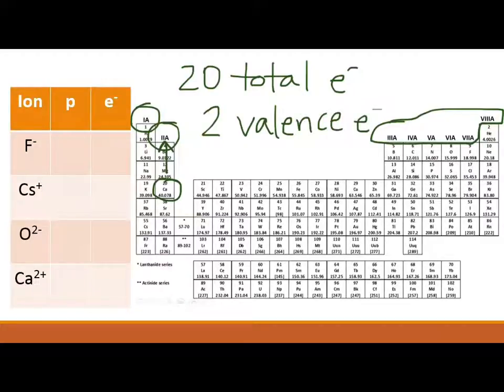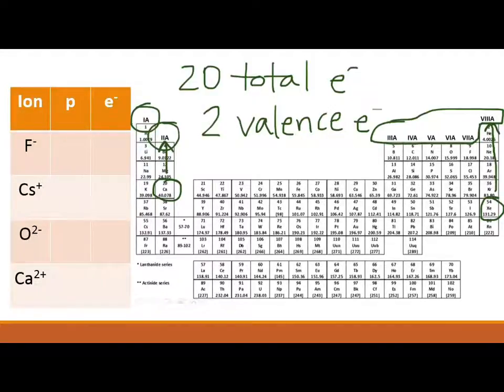Okay, you might look at something like xenon over here. Xenon is atomic number 54, so it has a total of 54 electrons. But how many of those are valence electrons? Well, if you look at the top of the column, it says that this is column 8A, so it has 8 valence electrons. All right, so relatively easy to figure out how many valence electrons something has.